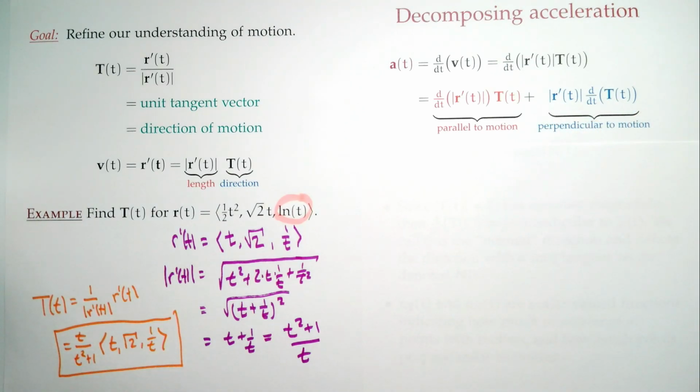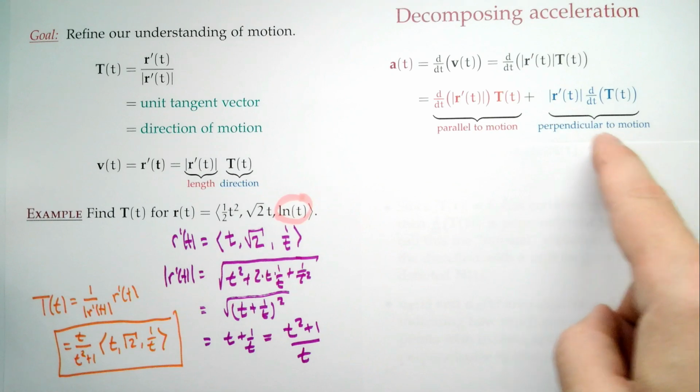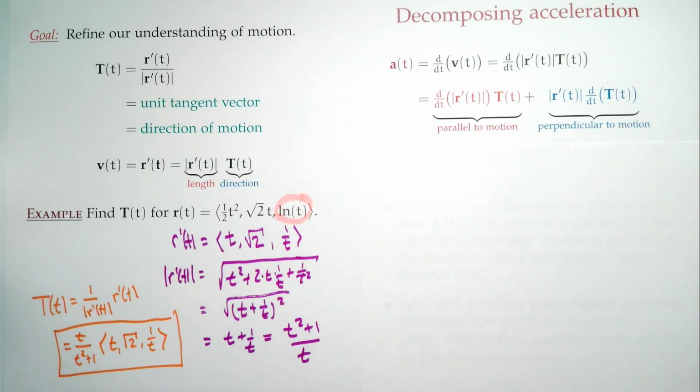Now there are some notes underneath there. It says you have these two parts here. One part is parallel to motion, and the other part is perpendicular to motion. Now, we have to think about why these things are true, but we'll get into that in just a minute.